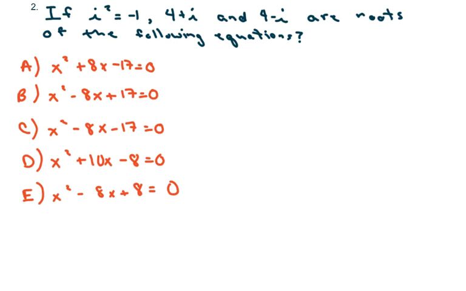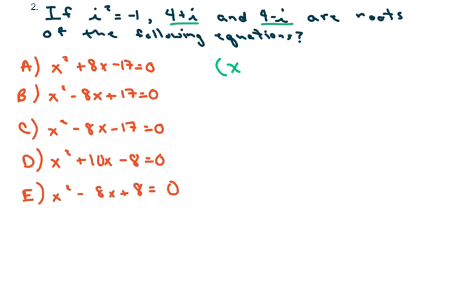Okay, the next one. If i squared equals negative 1, and you have 4 plus 4i and 4 minus 4i as the roots, then we can solve this. So what I want to do is go ahead and multiply these together.